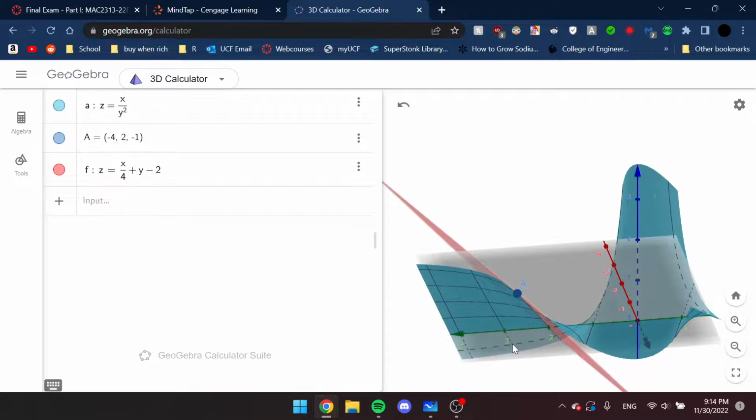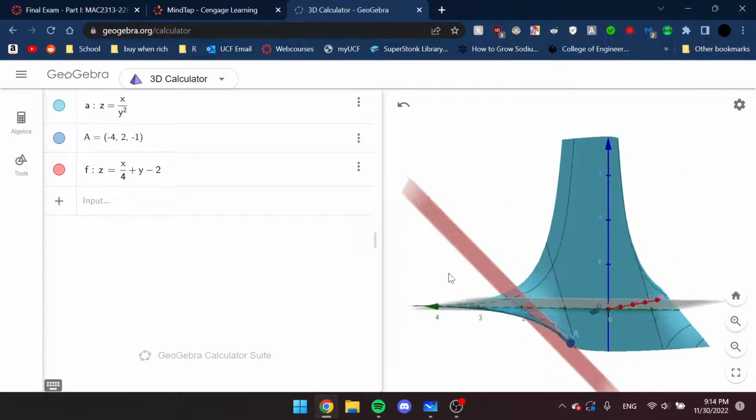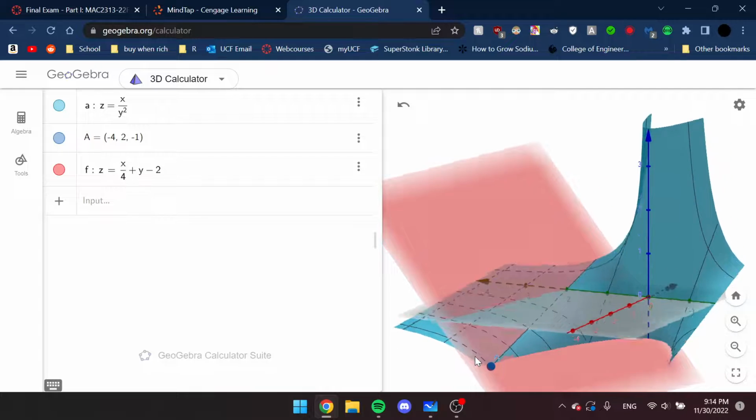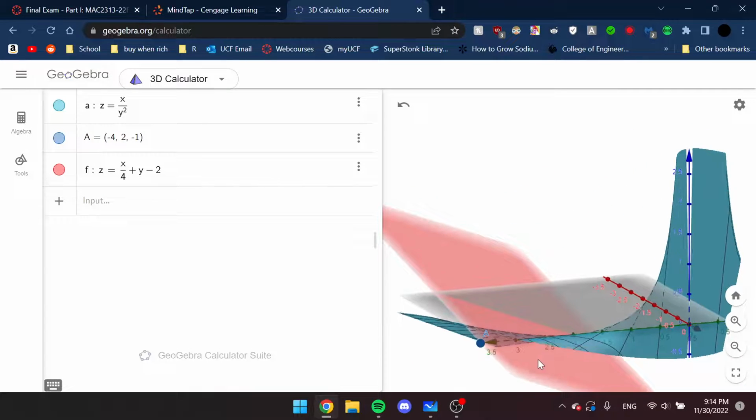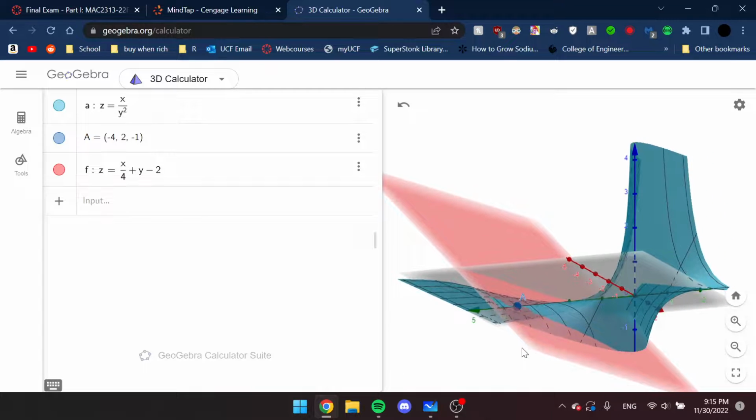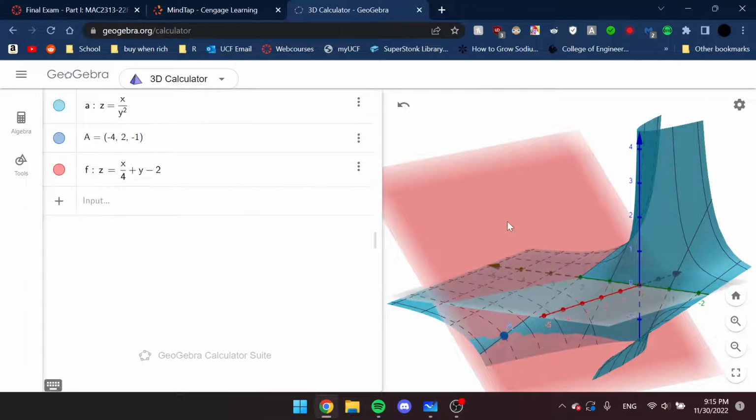And if you see, the red line right here is our tangent plane. Oh, sorry. And that blue sphere right here is our point. And as you can see, all of these points do exist in that equation right here.